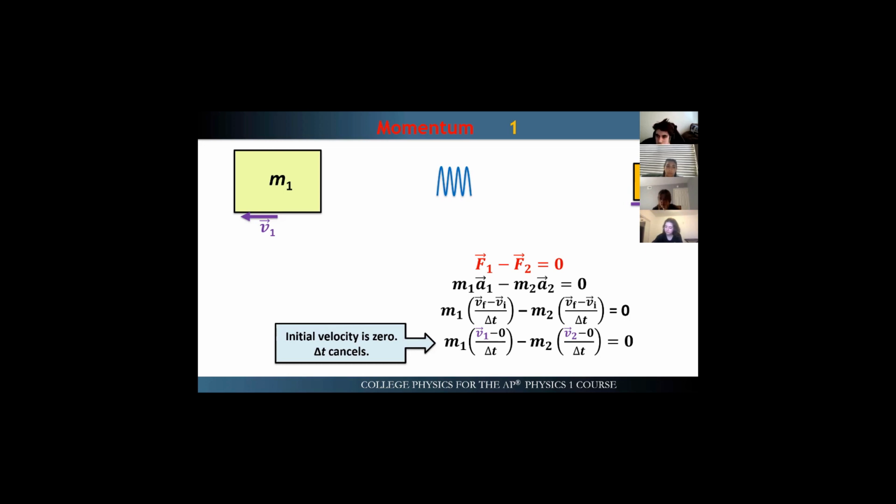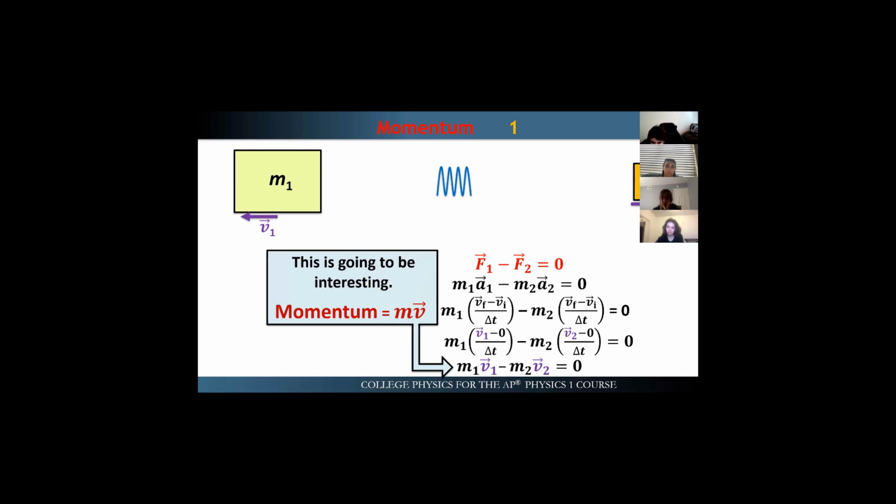But you could look at it this way: factor out the 1 over t, because both of them are divided by t, and then 1 over t equals 0, so that means the t's cancel out. So you can hopefully see that the zeros for Vi take that variable out, and the time variables cancel because they are equal. And what we're left with is m1 times v1 minus m2 times v2 is equal to 0.